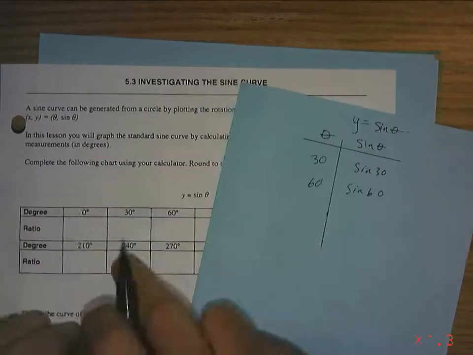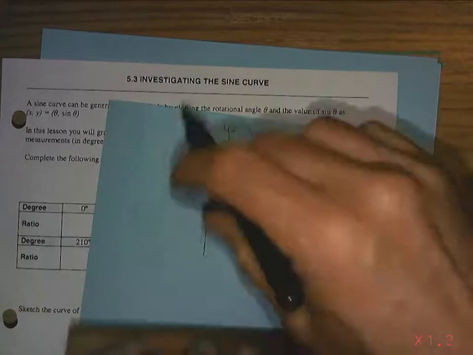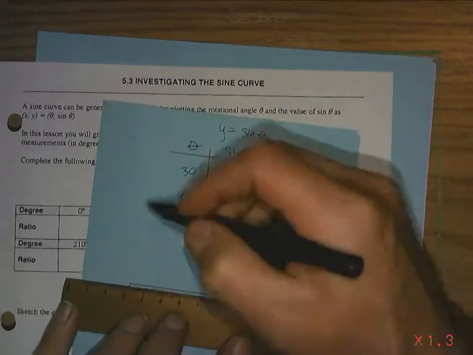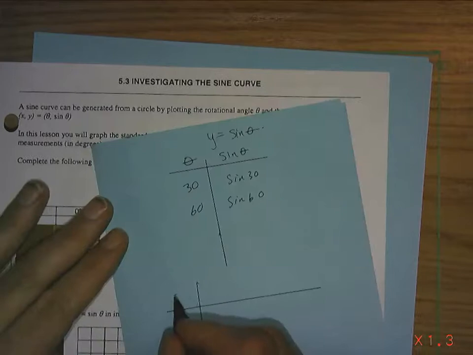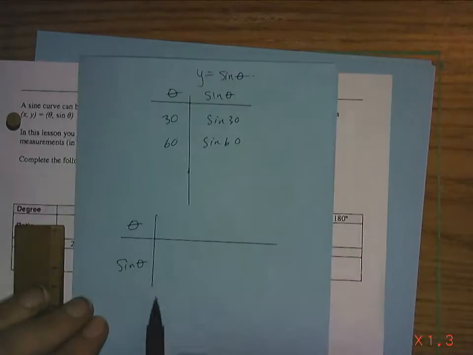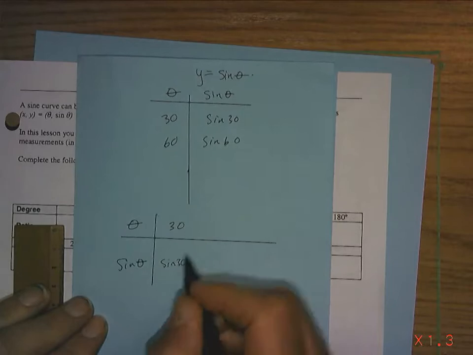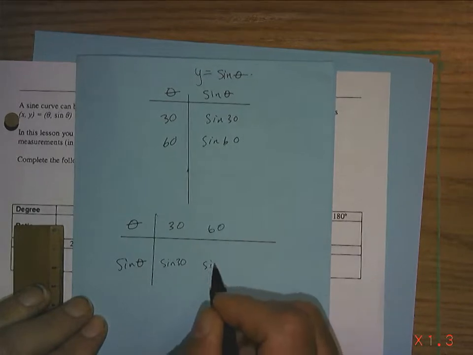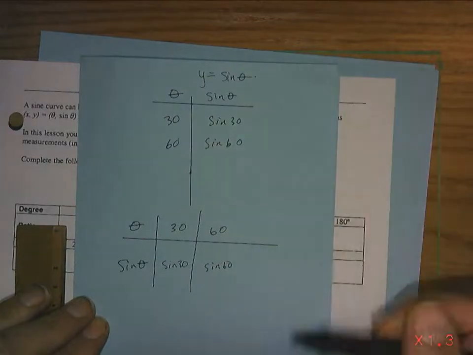But in this chart, we're going this way. So this chart gets turned on its ear a little bit, and it's going to look more like this. We're going to have the theta along the top, and we're going to have the sine theta underneath it. So then it'll be 30 and sine 30, 60 and sine 60. And we're going to go that way instead of this way.